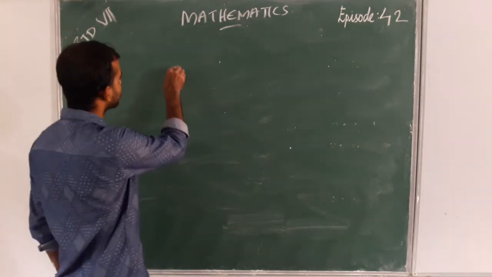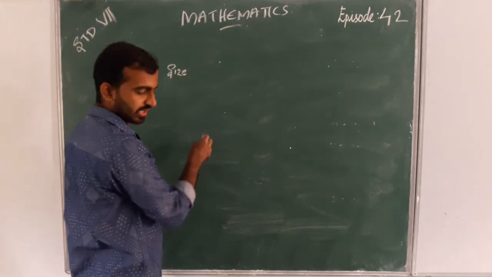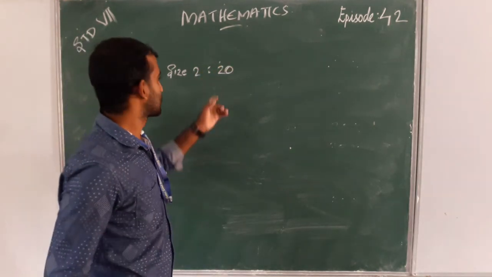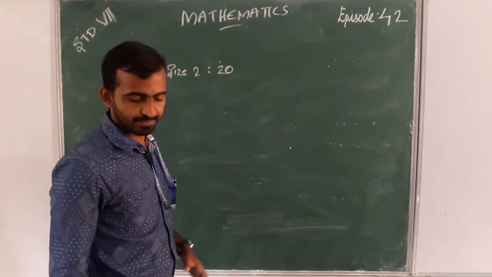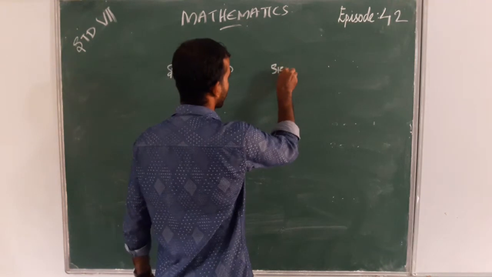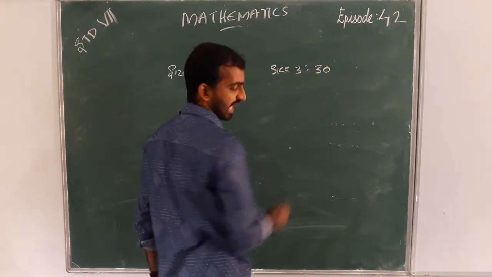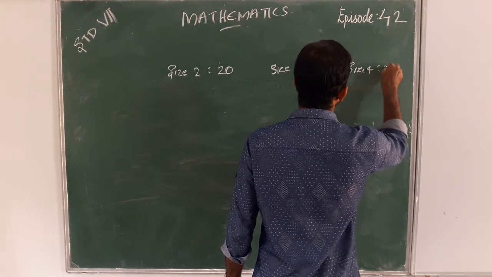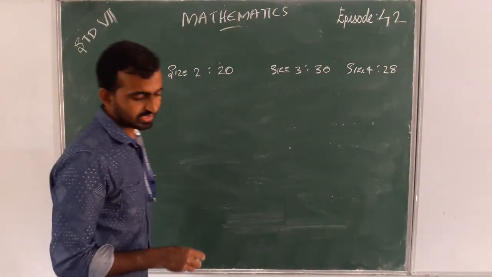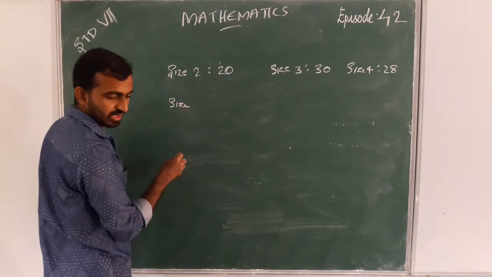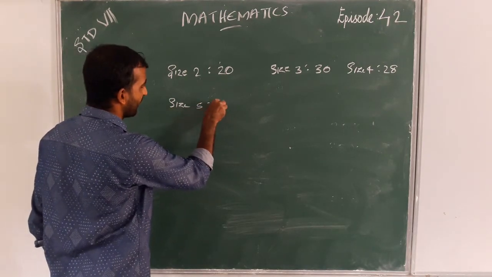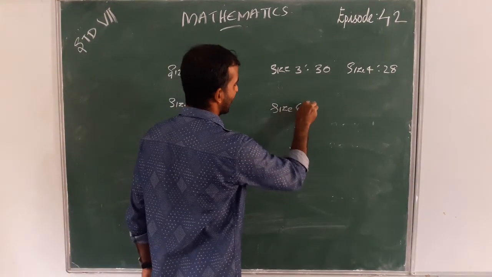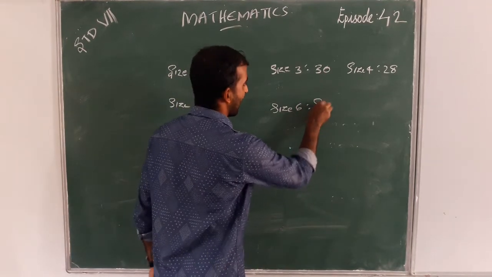Size 2 is 20. That is, the number of size 2 shoes is 20, and size 3 is 30, size 4 is 28, and size 5 is 14, and size 6 is 8.